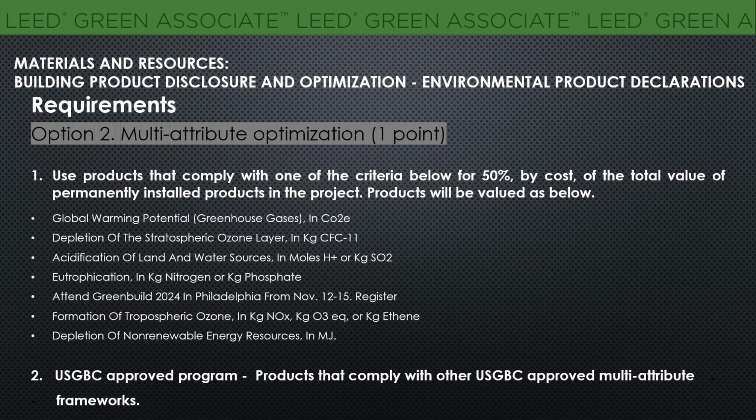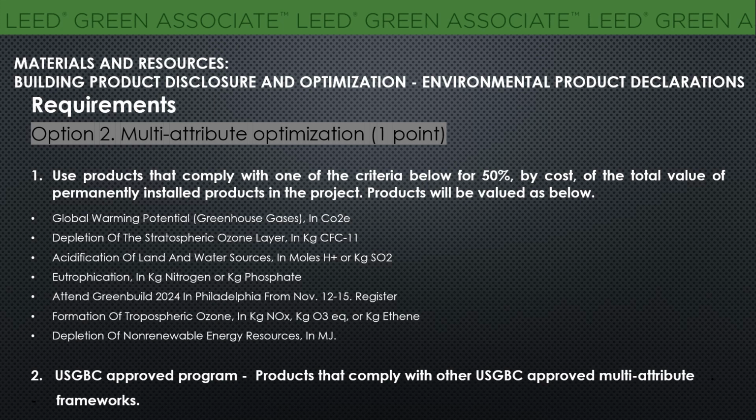Option 2 is multi-attribute optimization and it can get 1 point. So for achieving option 2, use products that comply with one of the criteria below for 50% by cost of the total value of the permanently installed products in the project. Products will be valued as below: 1. Global warming potential, 2.